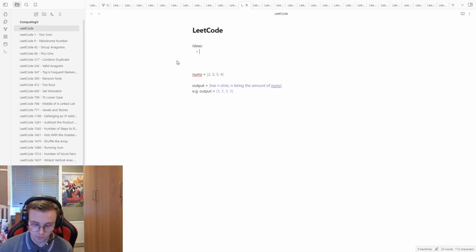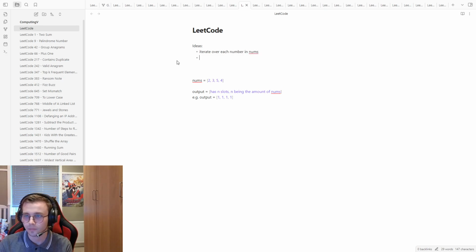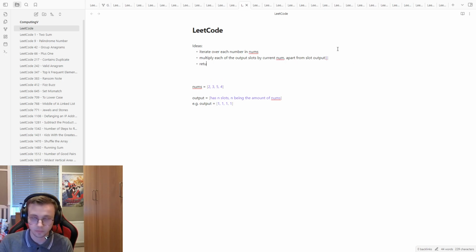So I think the general gist is: iterate over each number in nums, multiply each of the output slots by the current num apart from slot output[i]. And then we're going to return output.